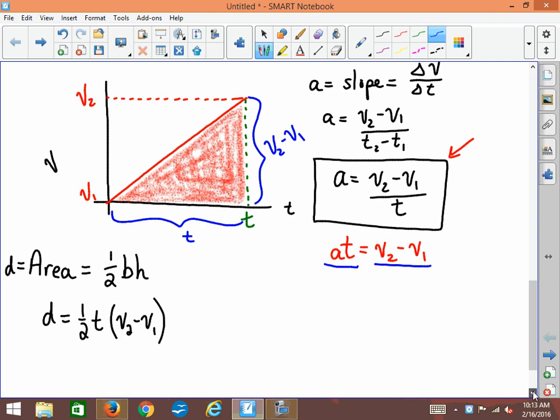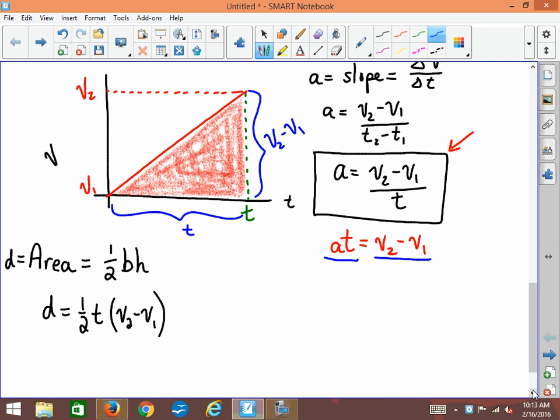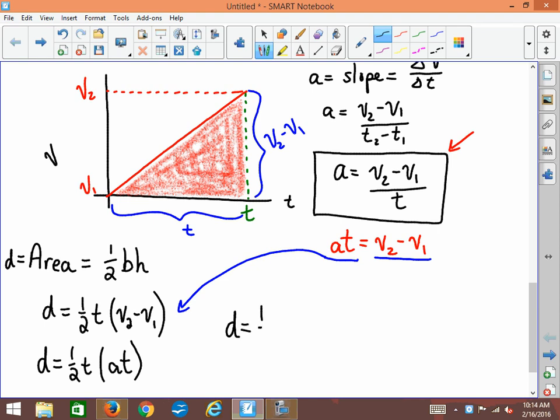So if they're the same, they can be interchanged because they're not different. So if I go back over here, I can do in math what we call substitution. And I can replace v2 minus v1 with at because they are the same. And so I will substitute or replace that, and I will get this. That's the same thing. And of course, if you multiply that out, it turns into this. D equals 1/2 of a times t squared.